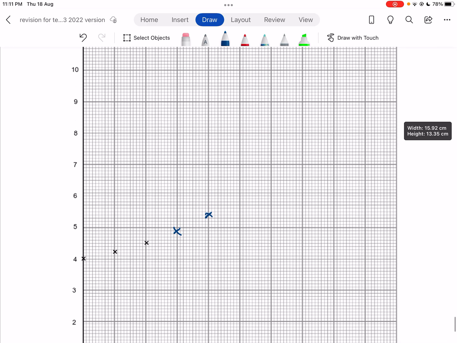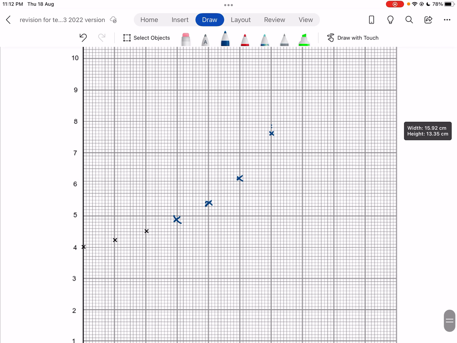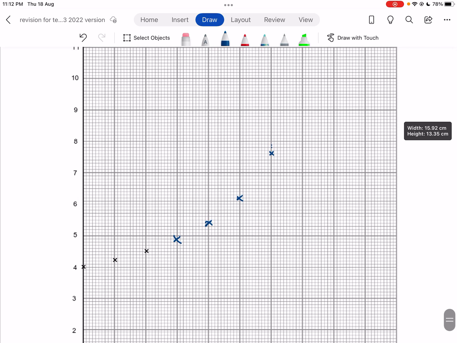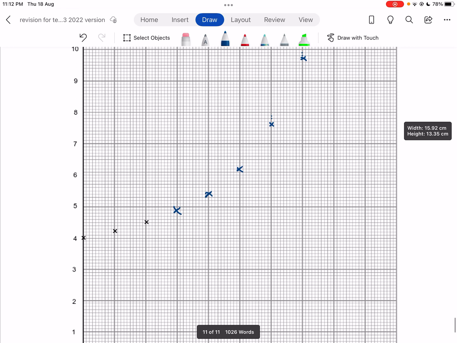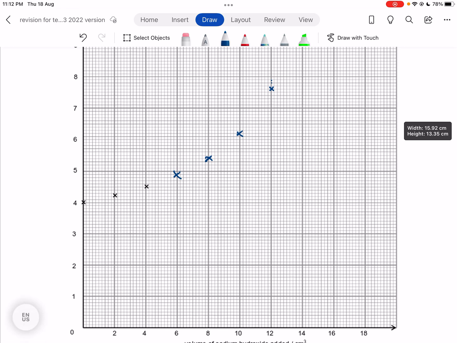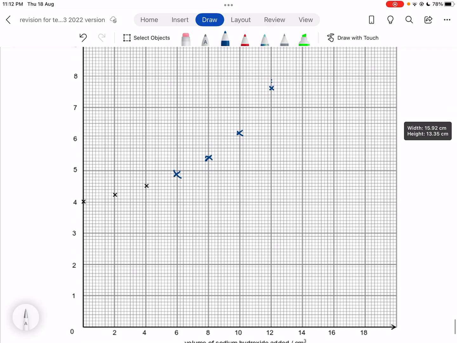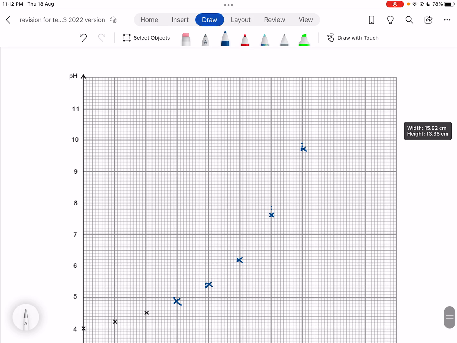Then 6.1 here. 12, 7.6. 14, 9.7. 16, 10.8.